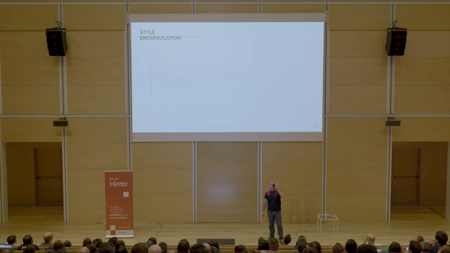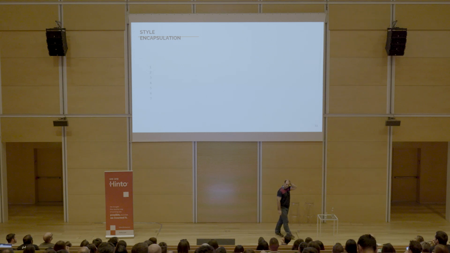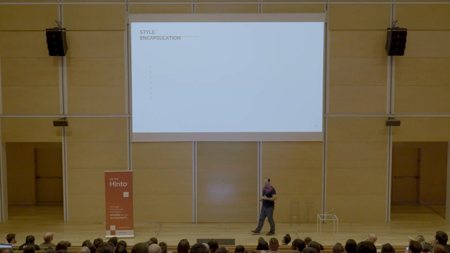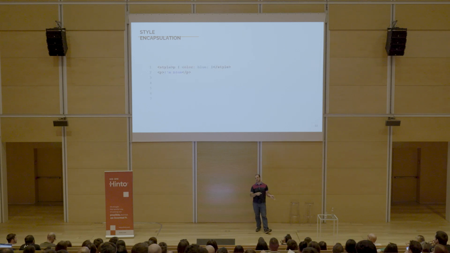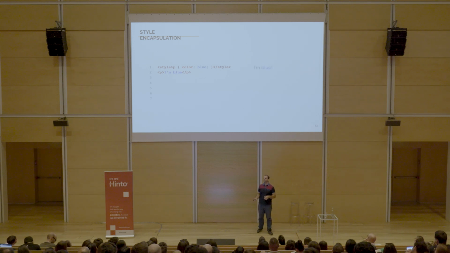What does it mean that the shadow DOM is the heart of the isolation properties? It also affects the styles, the CSS inside of it, because what happens here is that all the style declarations that are declared outside the shadow tree do not affect the elements inside the shadow DOM.